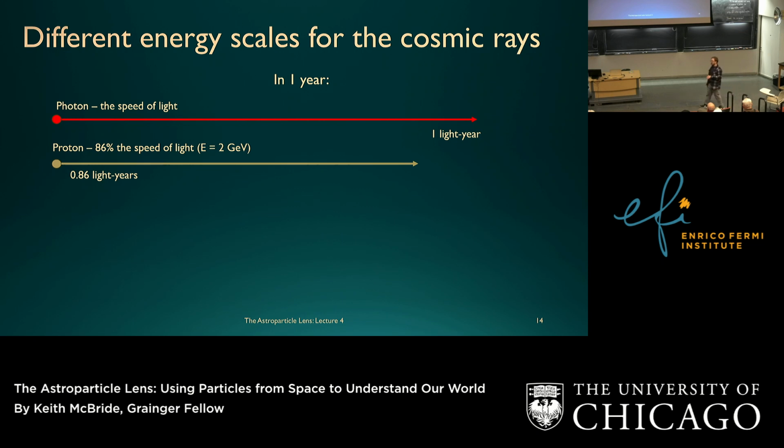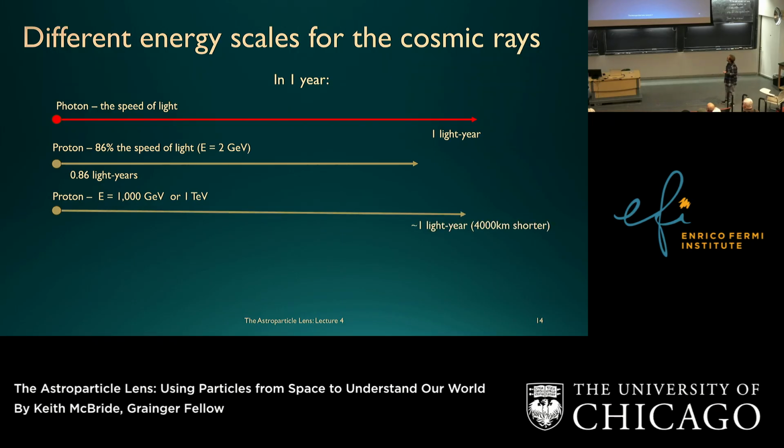Now if you go up by a factor of almost 1,000 in energy to a tera-electron volt, that particle basically goes a full light year. It's actually about 4,000 kilometers shorter than a full light year from the standpoint of someone on Earth. On the scale of a whole light year, this is only a billionth of a light year. So it's traveling pretty fast after a whole year.